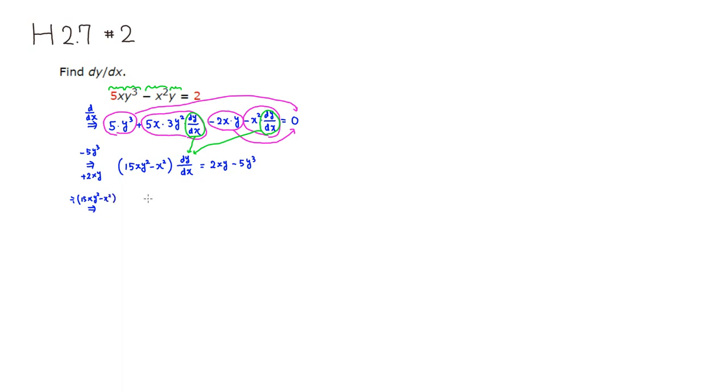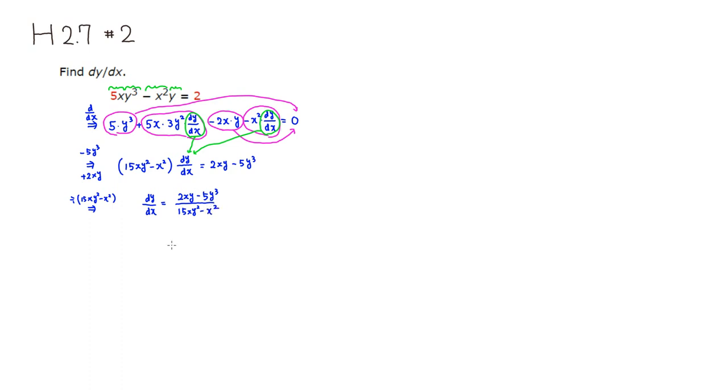So this gives dy over dx equal to 2xy minus 5y cubed over 15xy squared minus x squared.